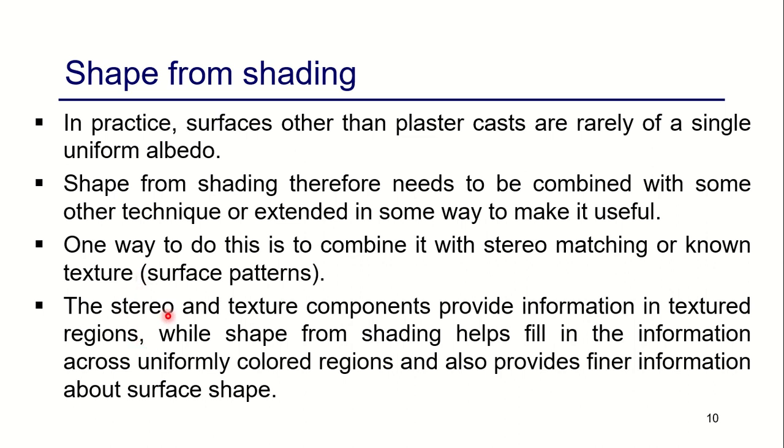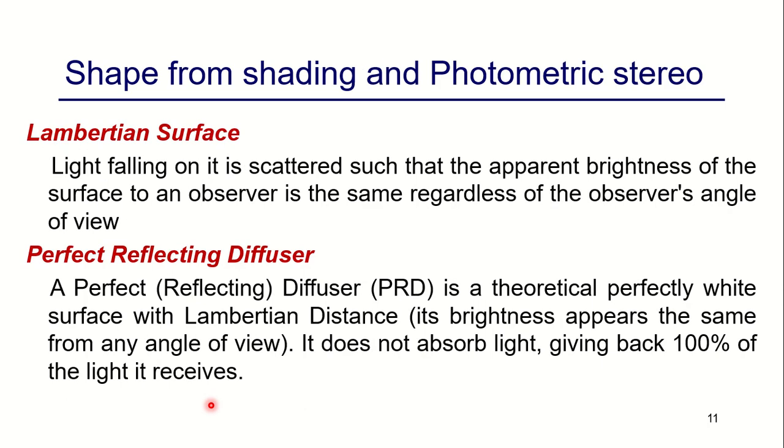The stereo and texture components provide information in textured regions, while shape from shading helps fill in the information across uniformly colored regions and also provides finer information about the surface shape.